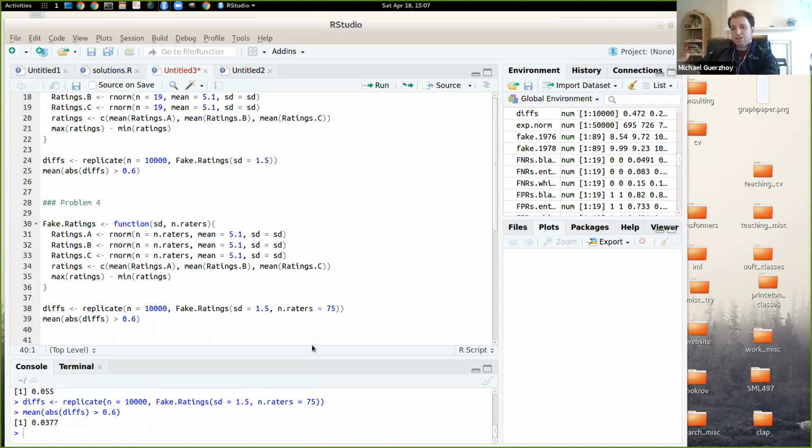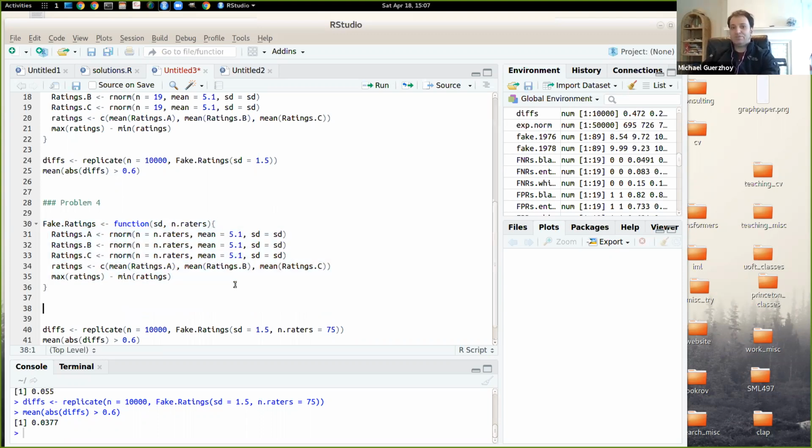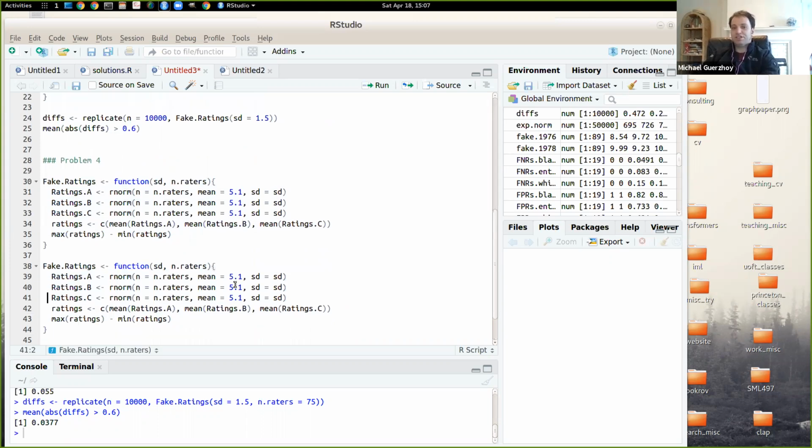But that's not quite enough, right? Because we also want to say, if we get a difference of 0.6 with 75 raters, then we know that's going to be considered statistically significant. But how often would we get this difference if the true difference is 0.6?